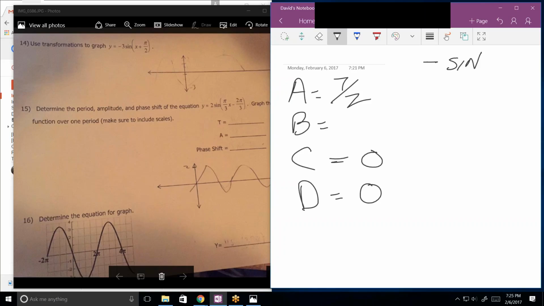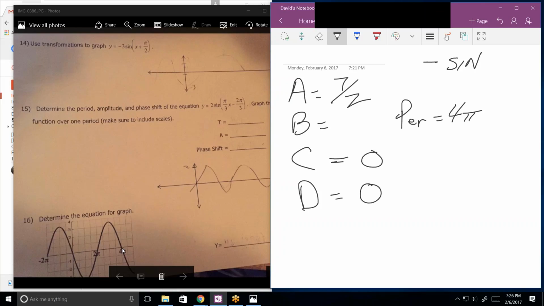Now go from either peak to peak, or trough to trough, or starting spot back to starting spot. If I go starting spot at the origin, my next starting spot is over here at 4 pi. My period, not P, but my period is 4 pi. I got it by just reading the graph.